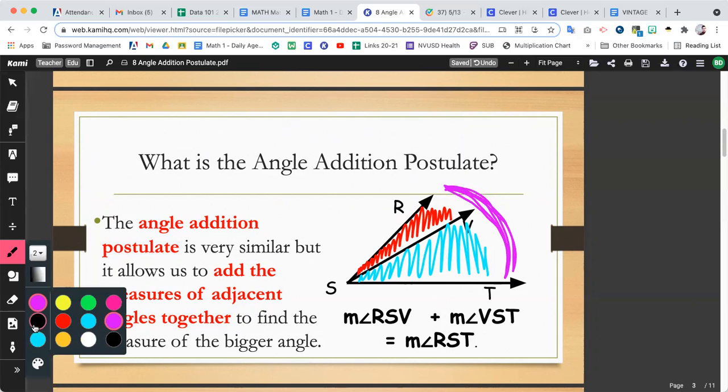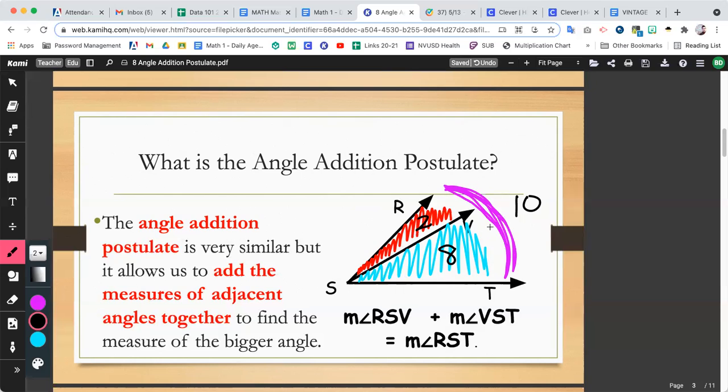So it's the same idea, right? If this was 8 and this was 2, then the whole angle would be 10. Same idea. If you take the blue wedge, which is 8, and you add the red wedge, which is 2, then that just adds up to 10. That's all it's saying.